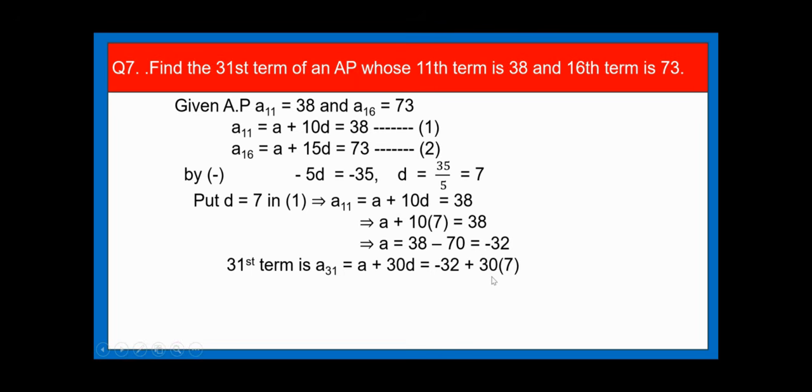Minus 32 plus 30 times 7, 3 sevens are 21 and 0, that is 210. Therefore, A31 is equal to minus 32 plus 210. If you subtract 32 from 210, you will get 178. Therefore, the 31st term of the given arithmetic progression is 178.